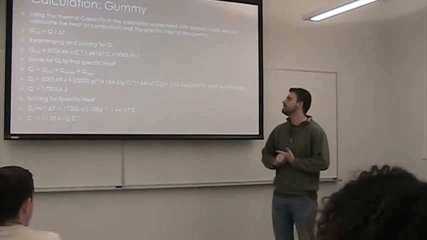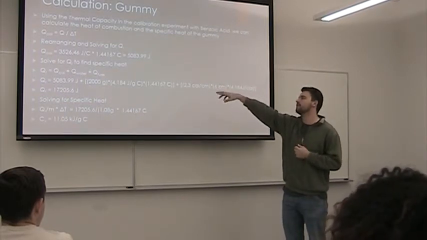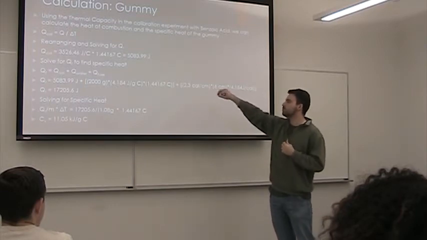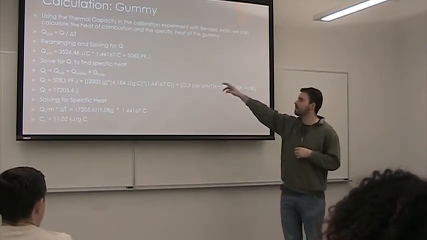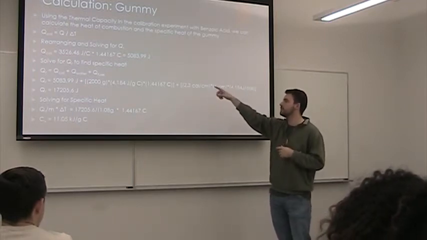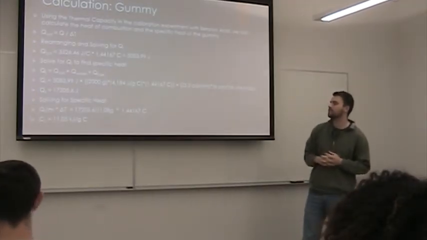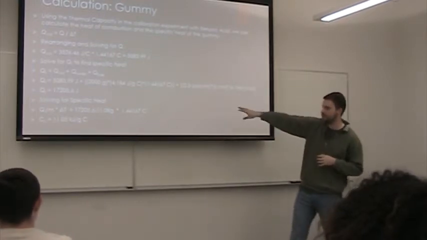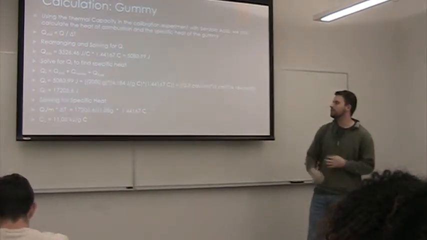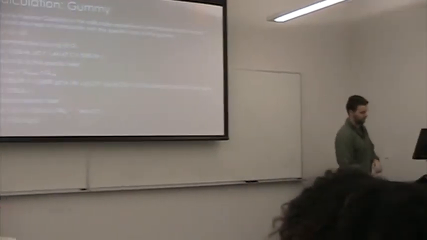So you take the Qcal for the calorimeter, which is a known value, and multiply that by the delta T, and you can get the heat for the calorimeter, which you can then plug back into the equation and find the total heat for the reaction, which is down here, just a 17,000 number. And then you can solve for the specific heat, and I found that to be pretty close to what I found online.